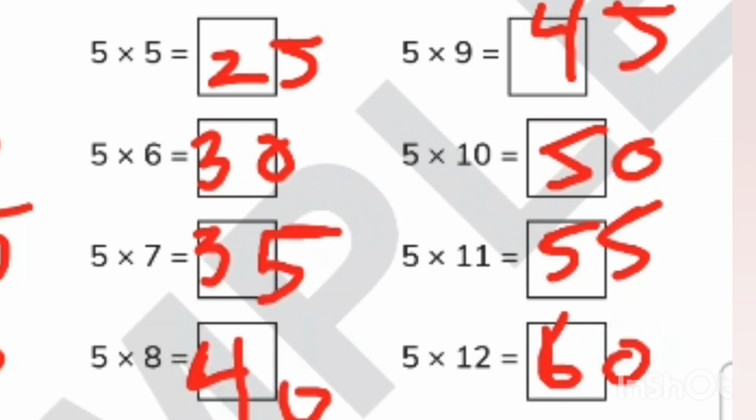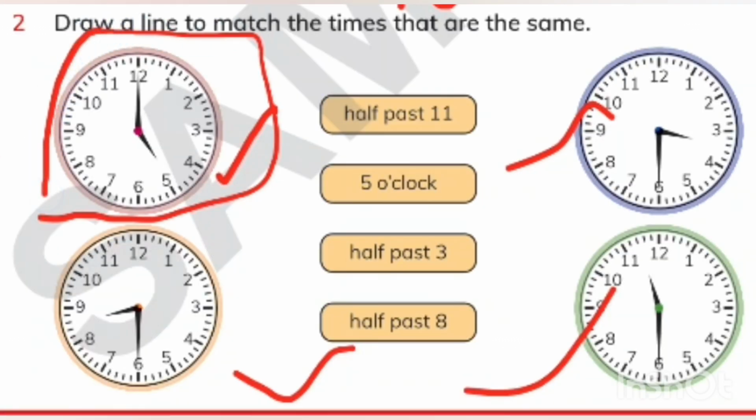Can you please tell me? Because it is helping us to tell the time, to tell the minutes. Whenever we look at the analog clock, you will see the numbers 1, 2, 3, 4, 5, 6, 7, 8, 9, 10, 11, 12.